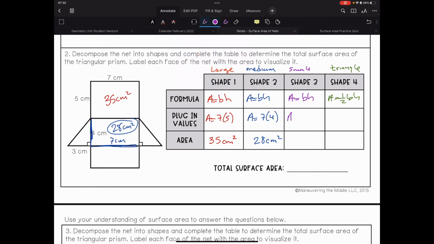For the small rectangle, we have a height of 3 and a base of 7. So here's 7. For an area of 21 centimeters squared.